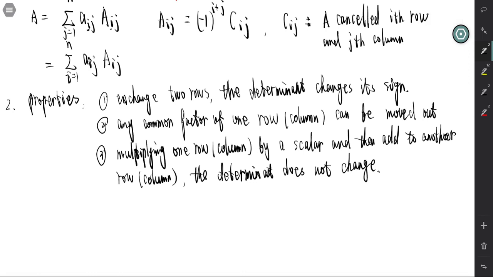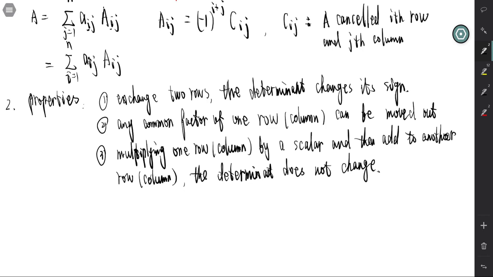These three properties are used to compute the determinant, and they are very similar to row reduction, but for determinants, any operation on rows can also be used for columns.